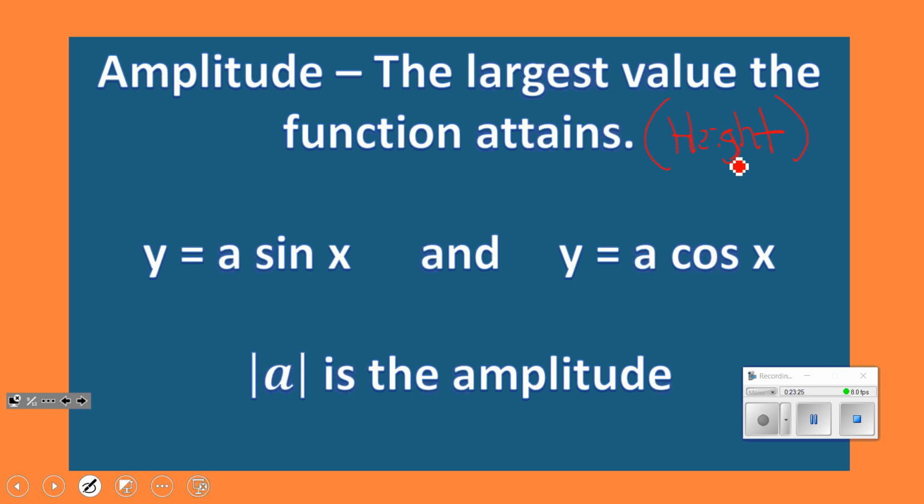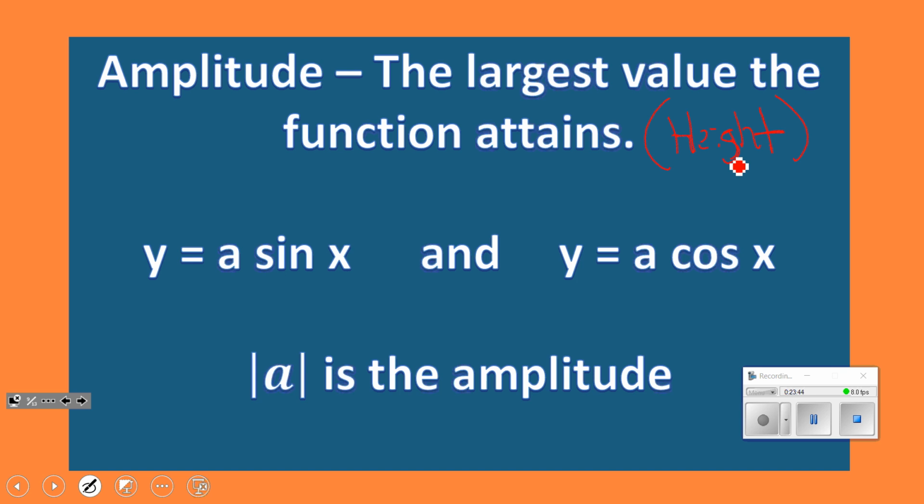How far up? 1. So it's got an amplitude of 1. Does that make sense? 1 up, 1 down. That's your amplitude. A minute ago when we added 2 to it, it still had an amplitude of 1 because that was the basic, but then you added 2, which shifted it up.